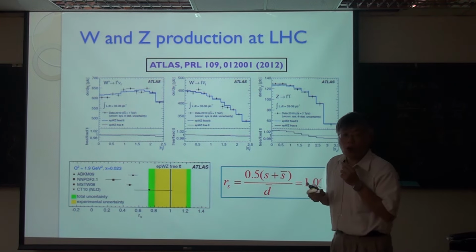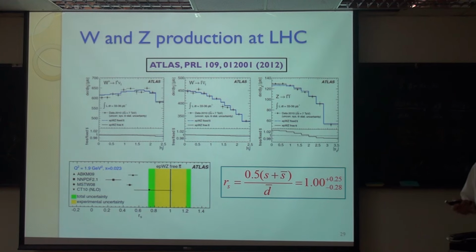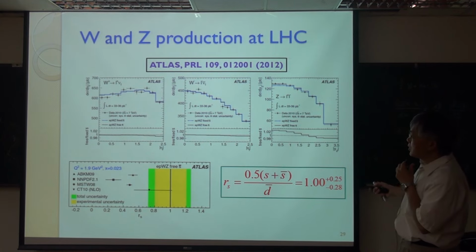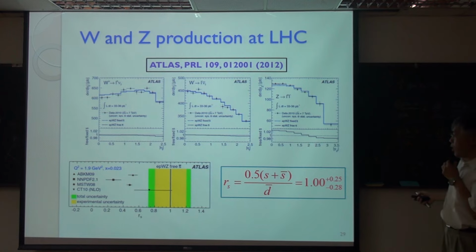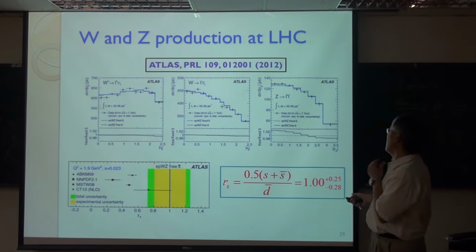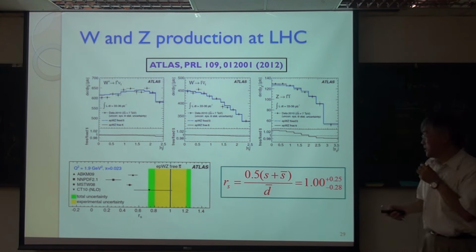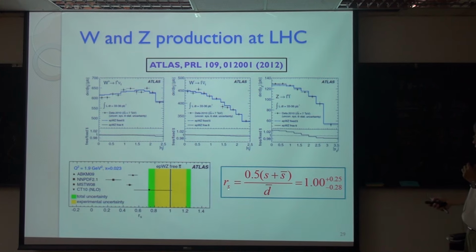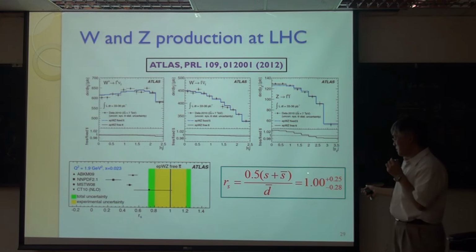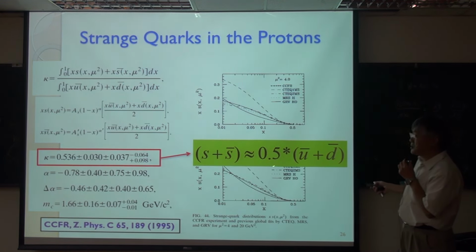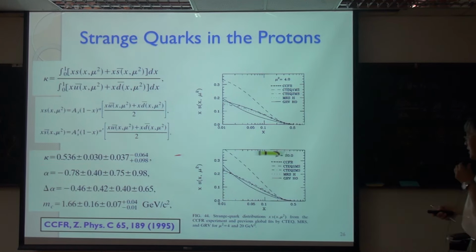W is composed of a quark and an antiquark, and the Z is similar to a virtual photon, which is also like a q q bar, which can also give you a constraint on the s quark. It was a while ago, 4 or 5 years ago, that ATLAS had a very interesting result from this W and Z. Somehow they found the ratio of the strange quark to the d quark is very large, about 1, which is a little bit surprising because the neutrino experiment tells us this fraction is only 1/2 instead of 1.